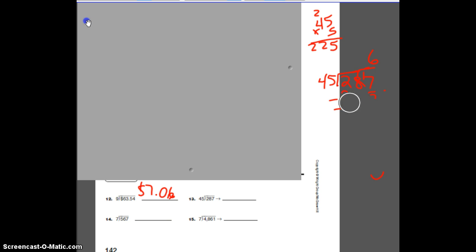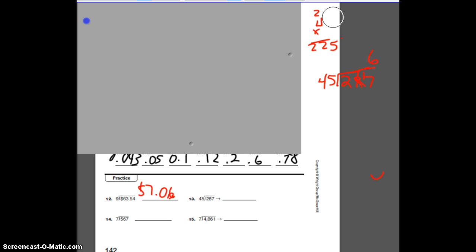And now 45 times 6. Let's see how close we are. 6 times 5 is 30. 6 times 4 is 24 plus 3, 27. Sorry, I lost it there for a second.